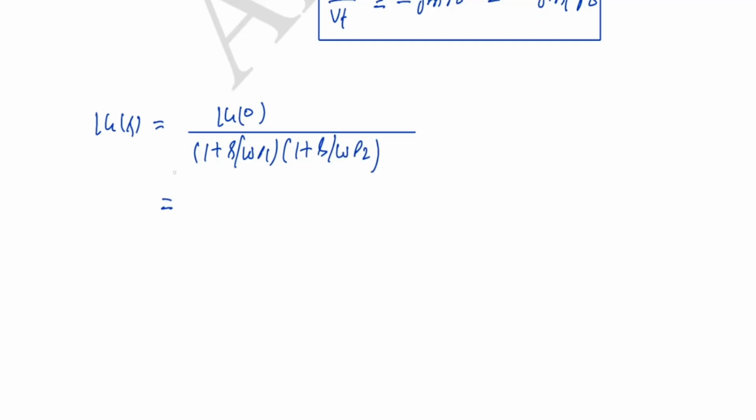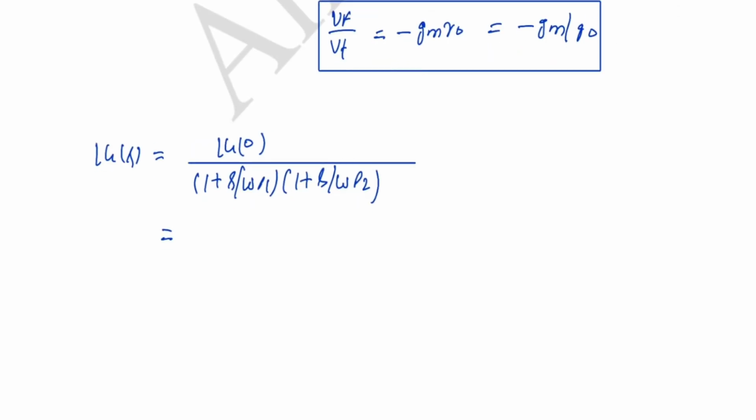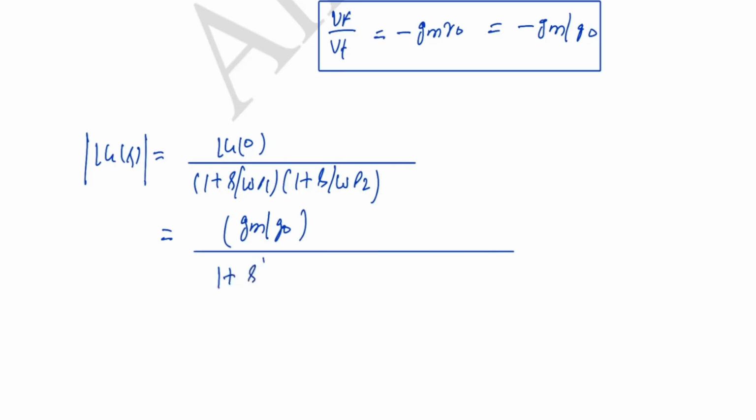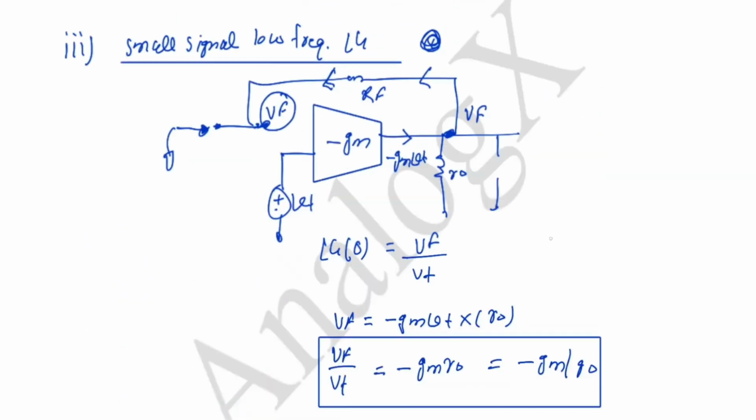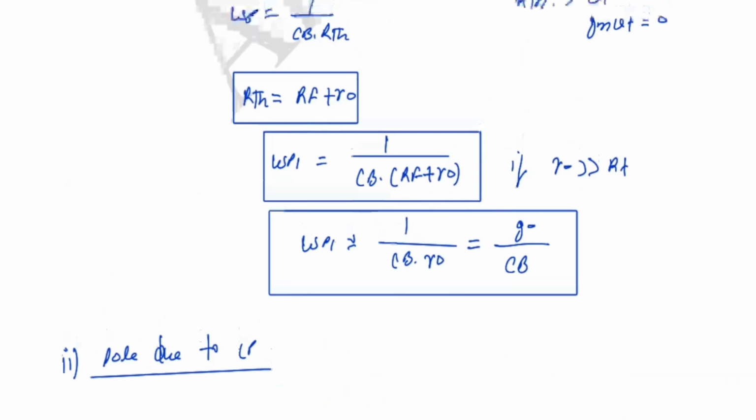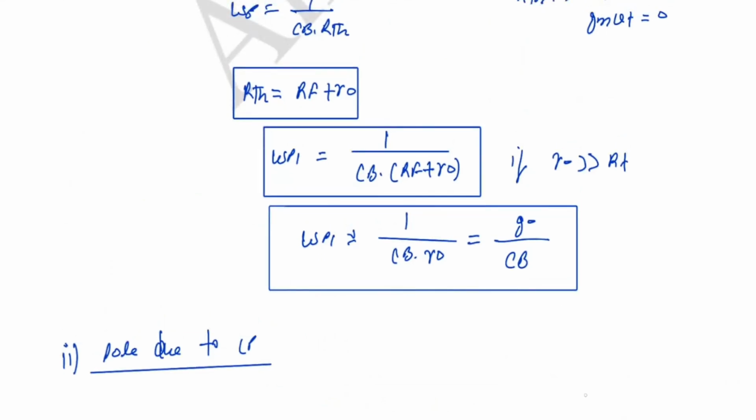So this is minus Gm by G naught. I am taking magnitude only, and I am plotting magnitude. So this is Gm by G naught, and the first pole location is due to CB, and that is G naught by CB.